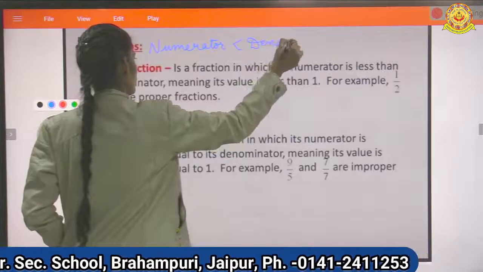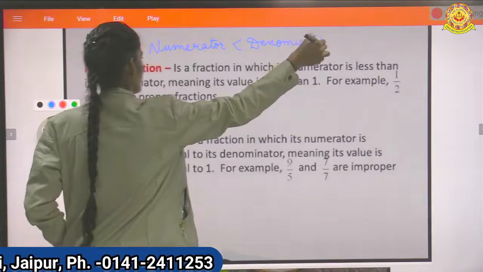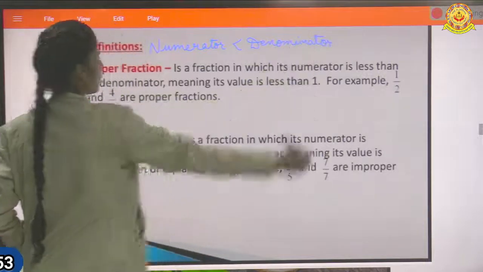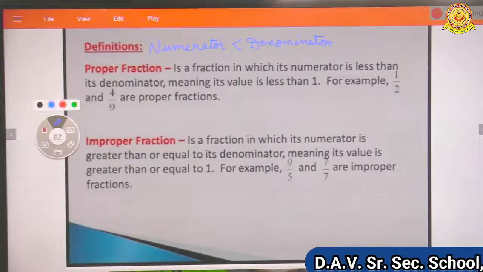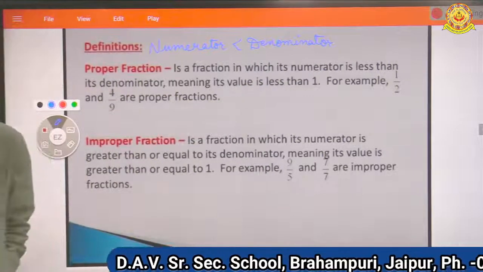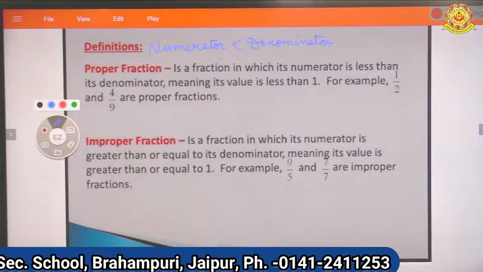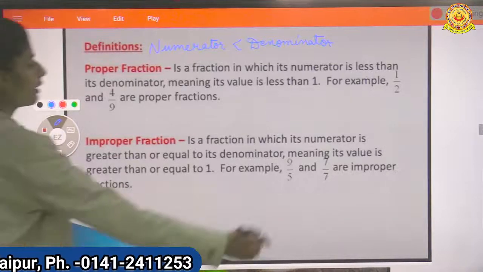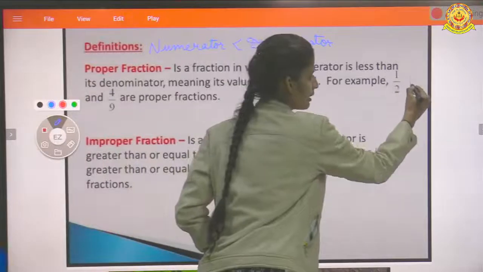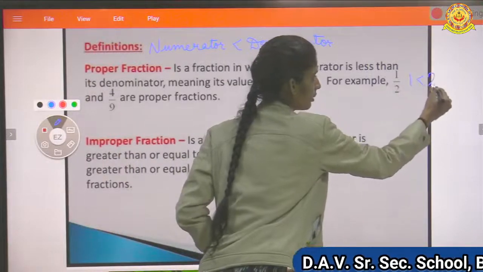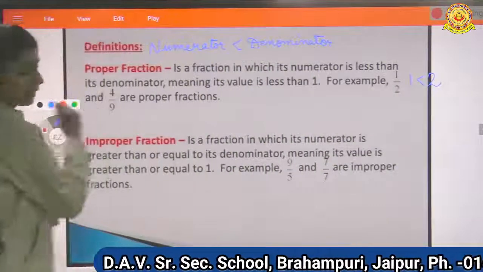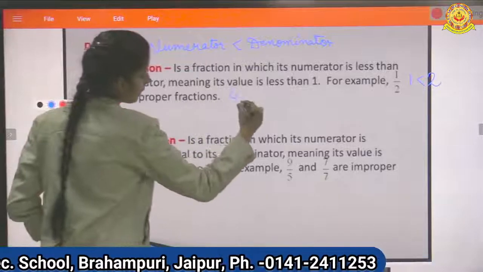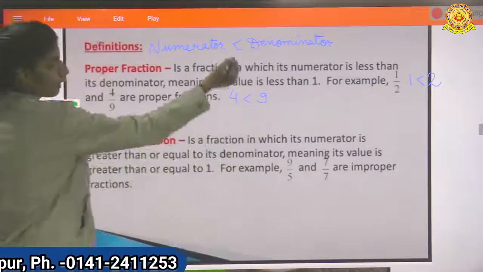Only this you have to keep in your mind. For example, 1 upon 2 and 4 upon 9 are proper fractions. How are these proper fractions? Because the numerator 1 is smaller than the denominator 2. In 4 upon 9 also, the denominator is greater than the numerator. And this only we want.